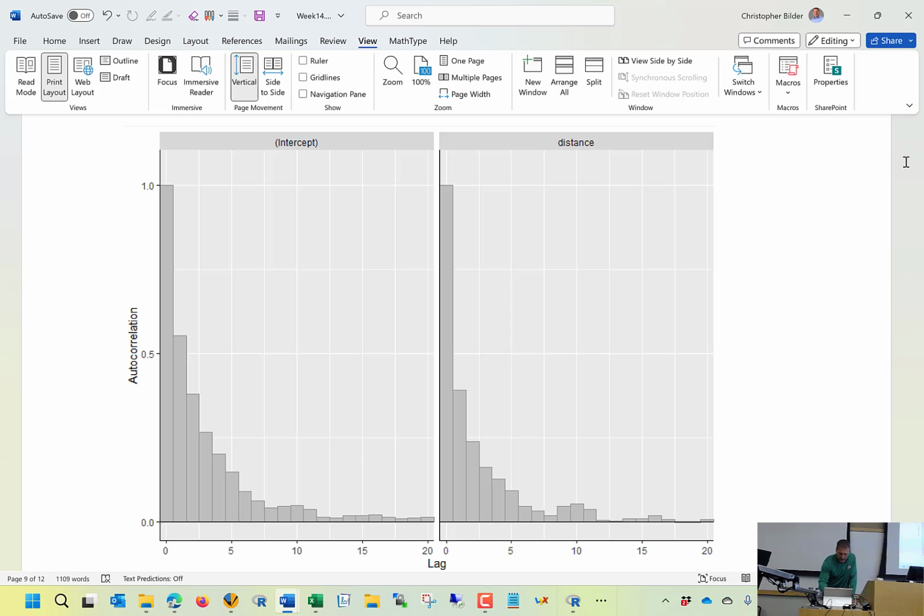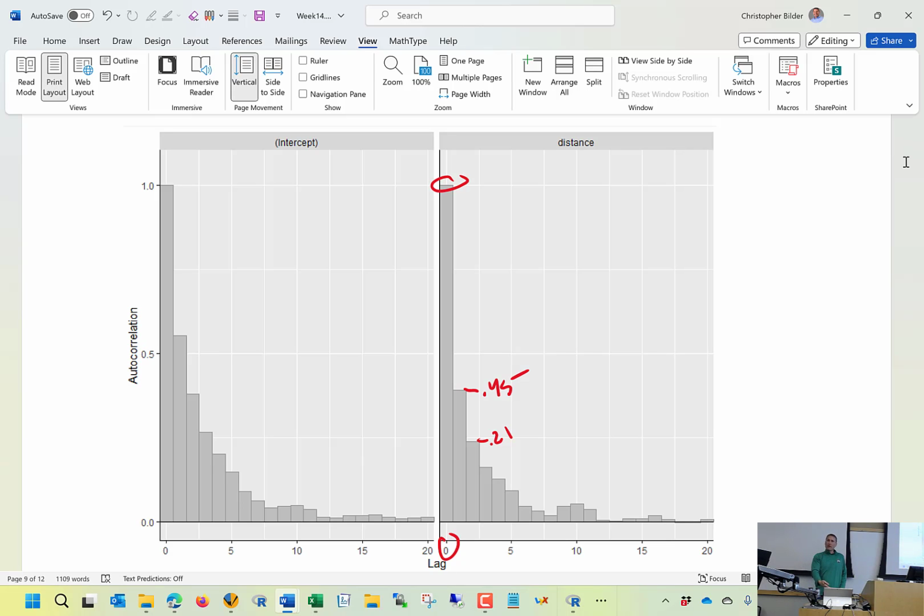Now, this plot's drawn a little bit differently than what we would. At lag 0, of course, I have an autocorrelation of 1. At lag 1, my autocorrelation is about 0.45. Lag 2 is about 0.21, and so on. Notice how these autocorrelations are tailing off.